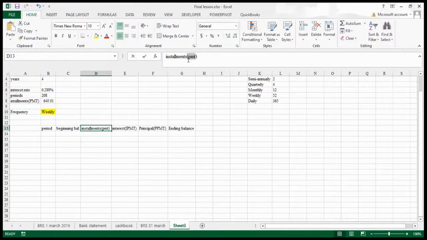So I believe you now have the names that are just defined there. And let's start with 0 as the first period. On PMT, the function itself is PMT, equal sign, PMT, tab. The first thing that it requires is rate.